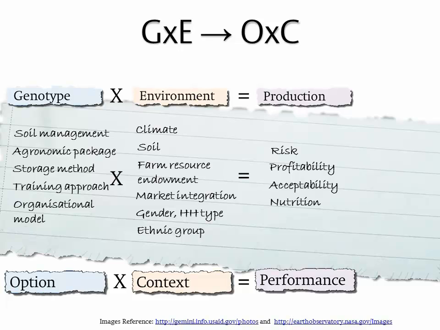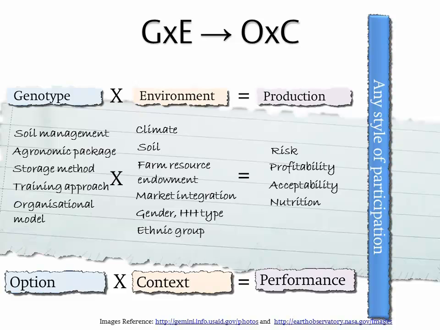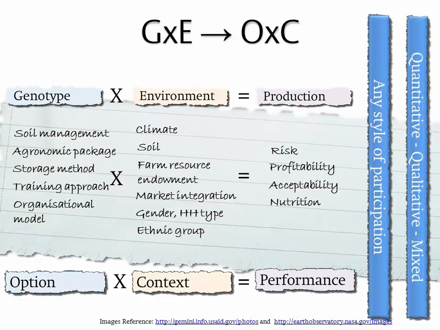Research and development systems embrace many different styles of participation of farmers and participation of other players. This option by context interaction concept is relevant whatever style of participation you are using in your research. And likewise, it is relevant whether you are thinking about quantitative methods or qualitative methods or mixed methods.